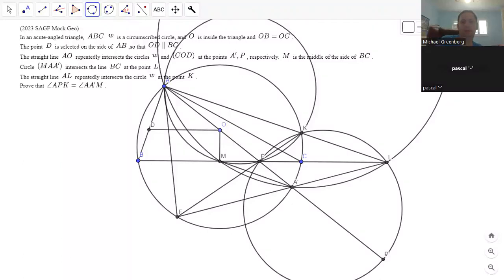But yeah, it's kind of interesting because, yeah, we haven't used that O lies on the perpendicular bisector, I don't think. So that's cyclic.